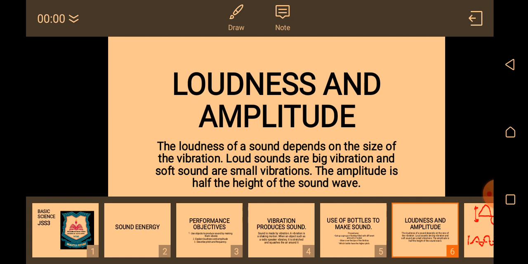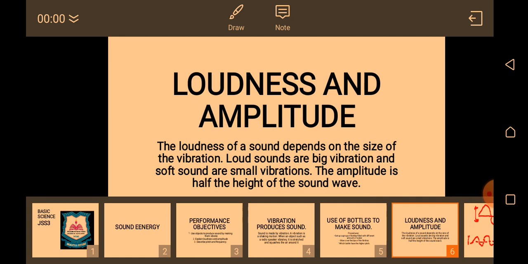Loud sounds are big vibrations, and soft sounds are small vibrations. If the sound is very loud, objects that vibrate will be in a big vibration. It's not just going to be vibrating in a little way, it's going to be vibrating very well, on the higher side, because the sound is very loud.